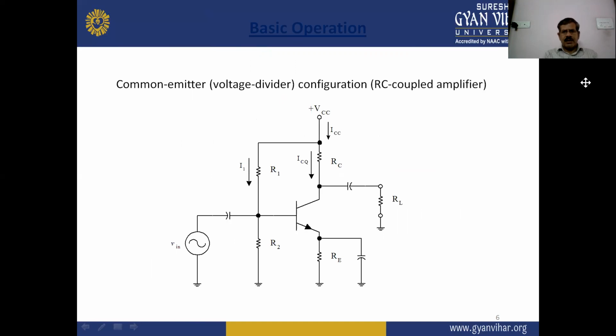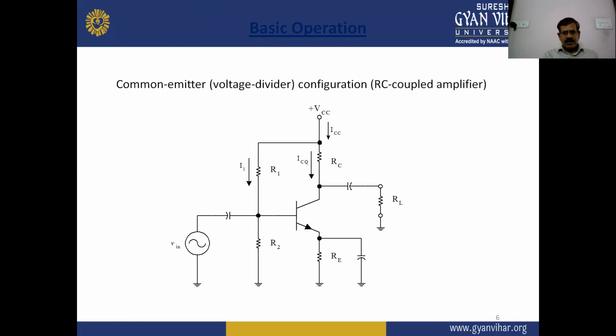That is the RC coupled common emitter power amplifier. So here there are different stages. In this diagram there is an input AC signal and a capacitor across the base of the transistor.